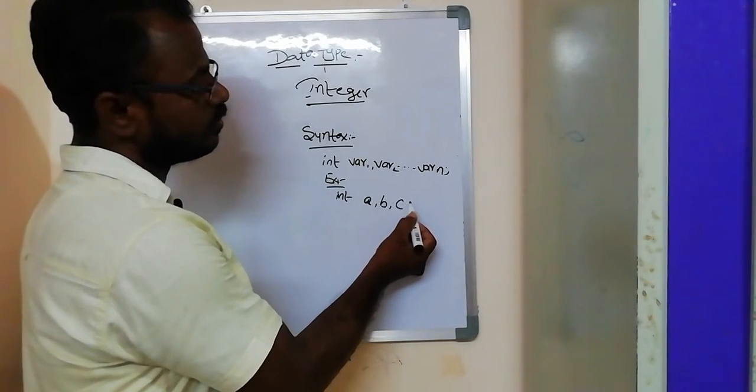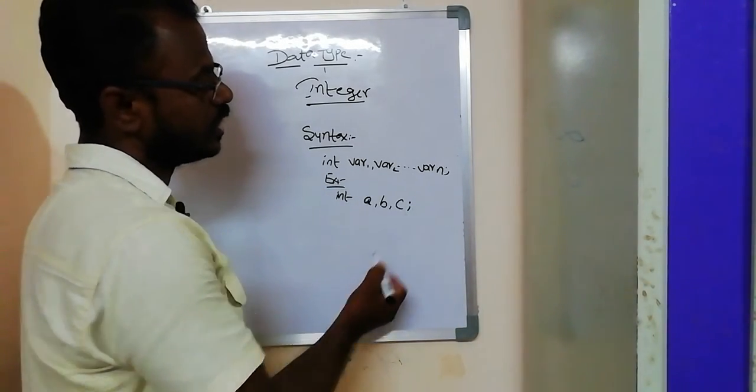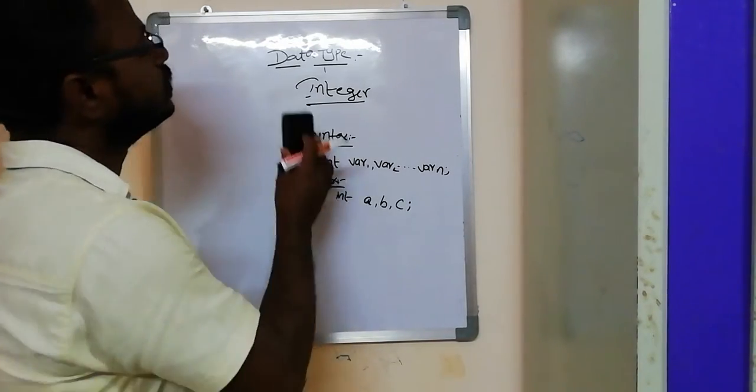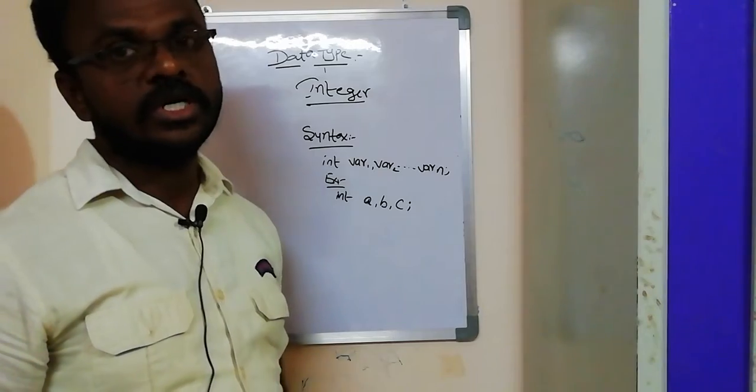After completion of the variable declaration, it must be terminated with a semicolon. That is the information about the integer.